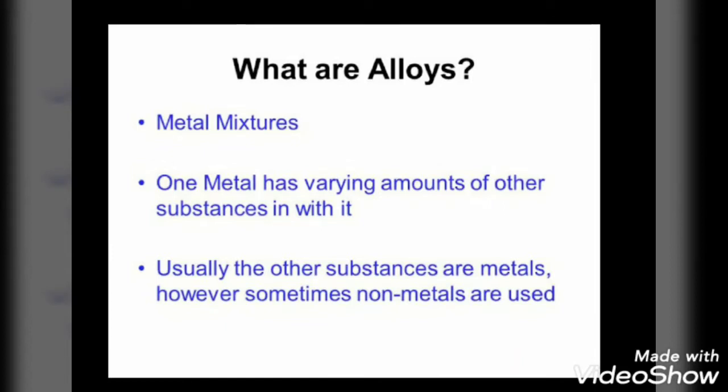The various properties of metals like malleability, ductility, strength, hardness, resistance to corrosion, appearance, etc. can be improved by mixing other metals with it. This mixture of two or more metals is called an alloy.